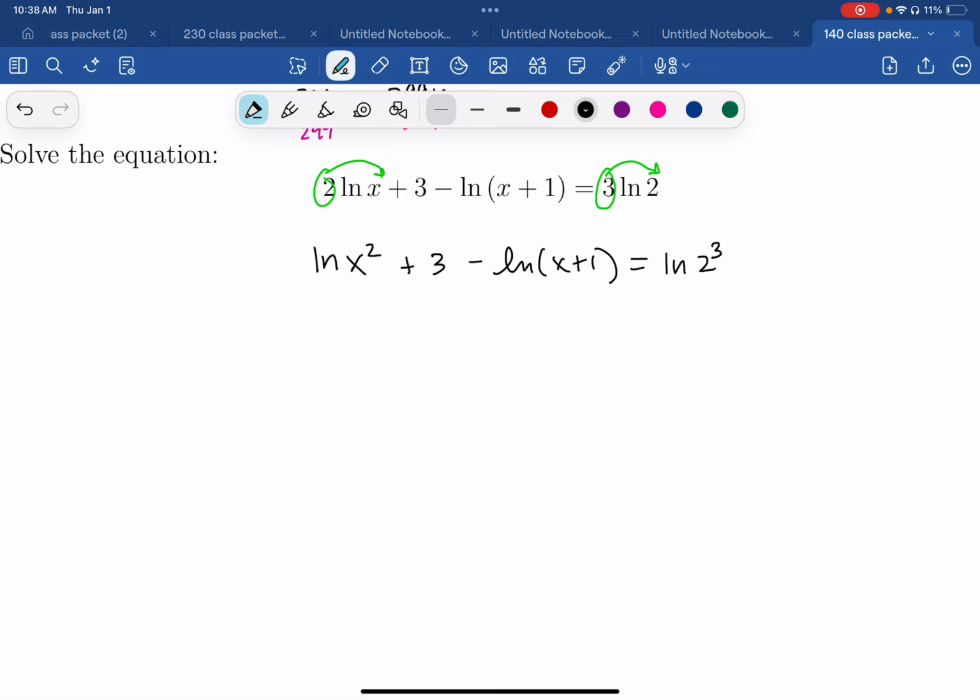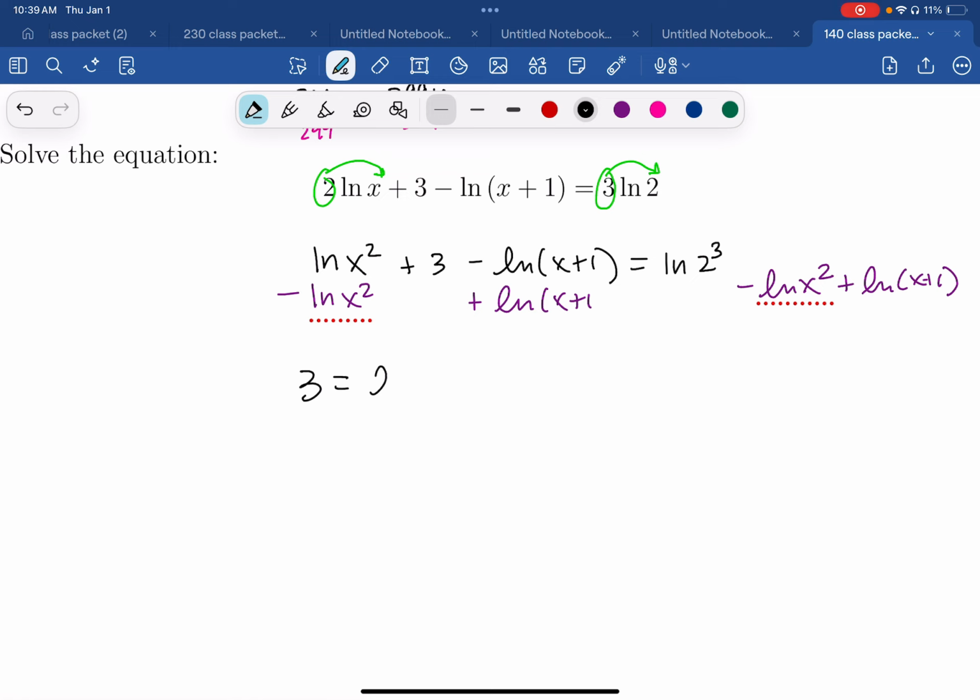Now, what I think I'm going to do is move all my ln's to the right to keep that 3 positive. So I'm going to subtract ln of x squared and add the ln of x plus 1. Then on the left, I just have 3. Okay?